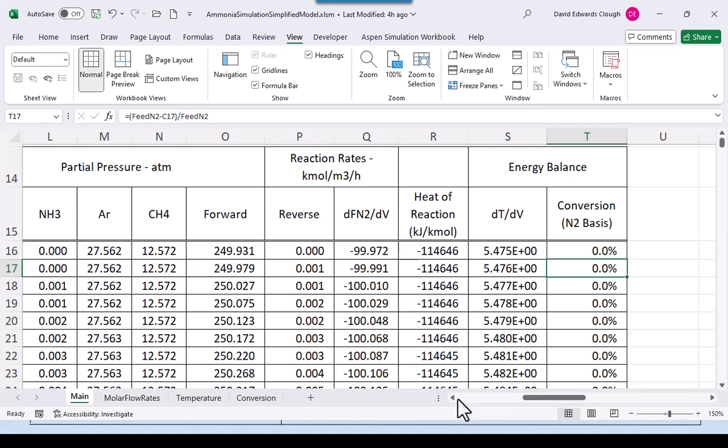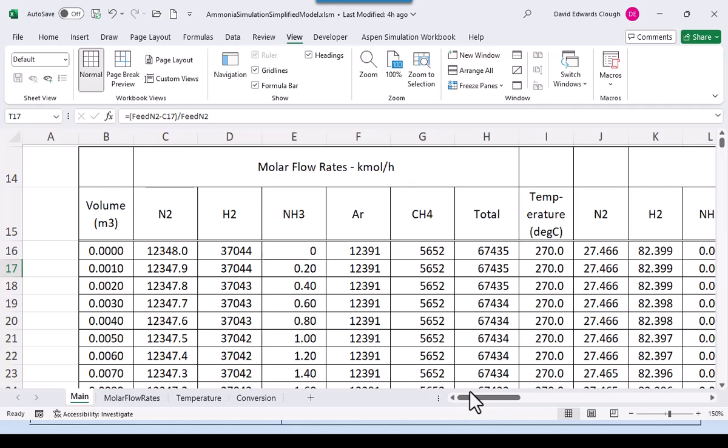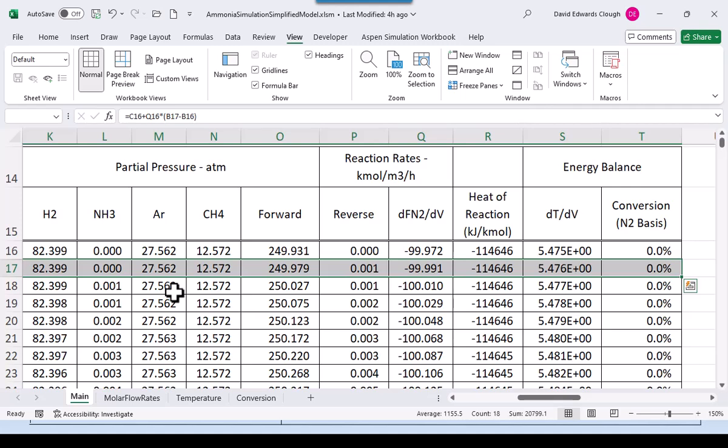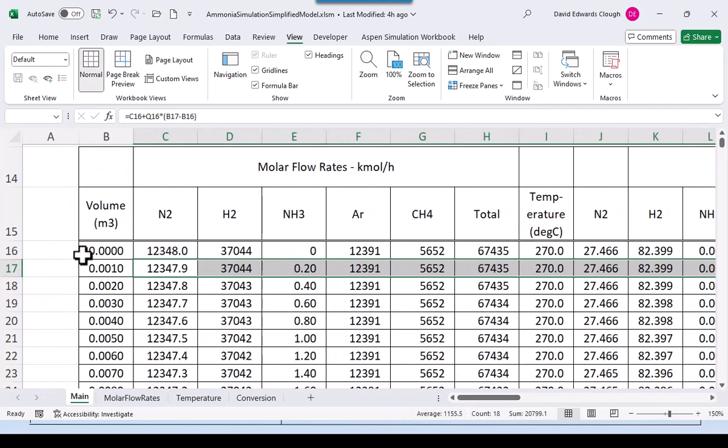So the idea then, that's already been done, is that you take this second operational row and then you copy it all the way down to the end of the table of volumes, which we showed was going down about 7,000 rows.